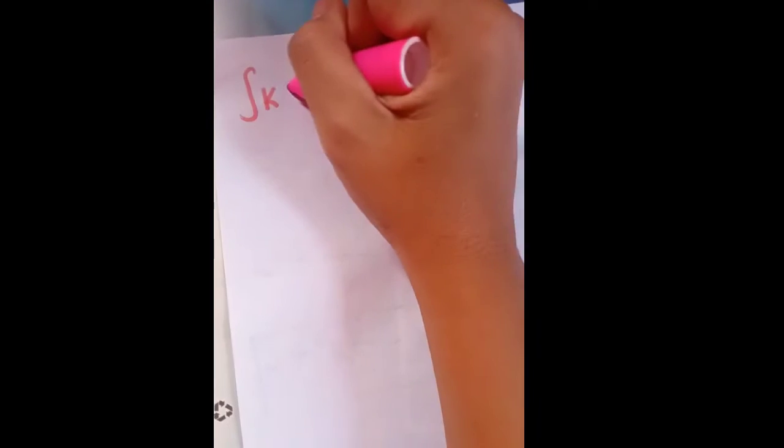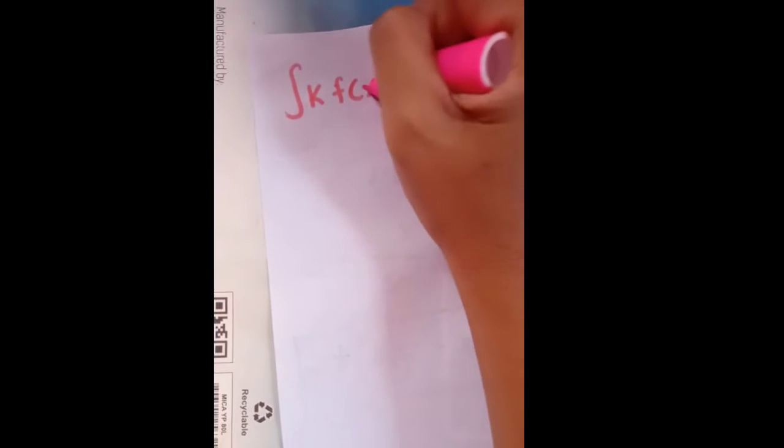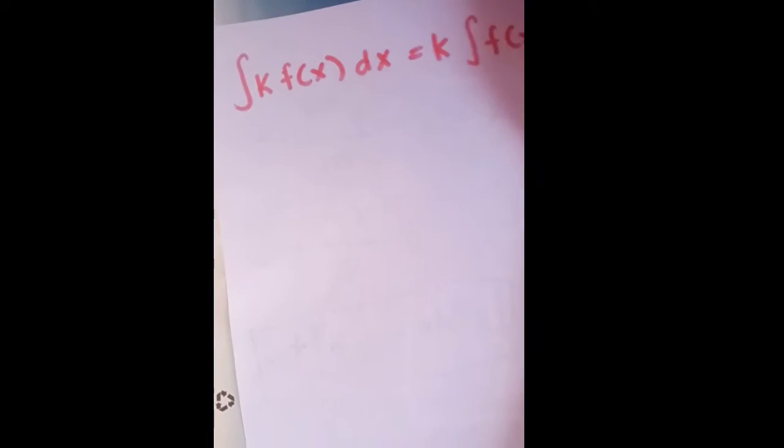Now we have here the formula of the constant multiple rule, which is the integral of k f of x dx is equal to k times the integral of f of x dx.